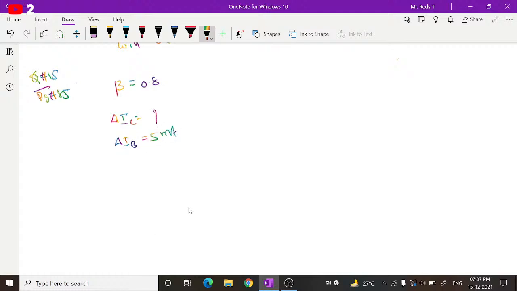So we know that in common emitter, beta is nothing but output current by input current. In common emitter, emitter is common, collector is output, base is input. So delta IC by delta IB, with IB given as 6 milliampere.